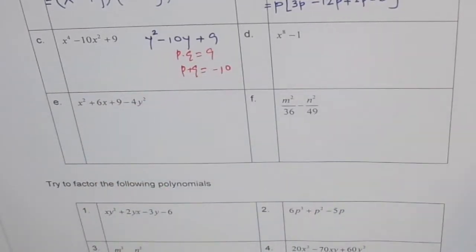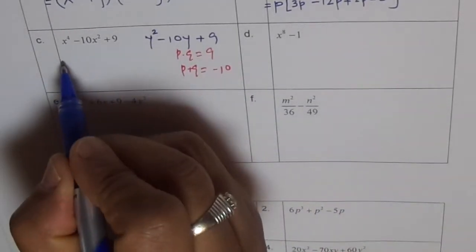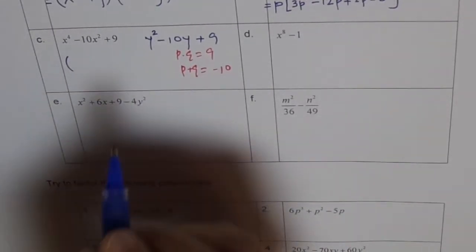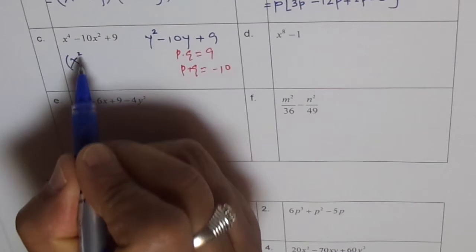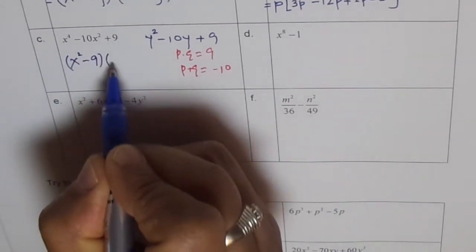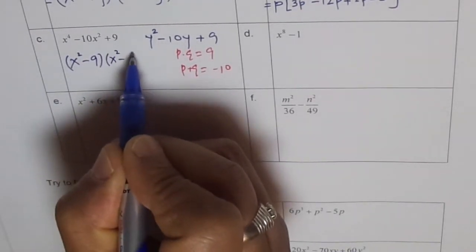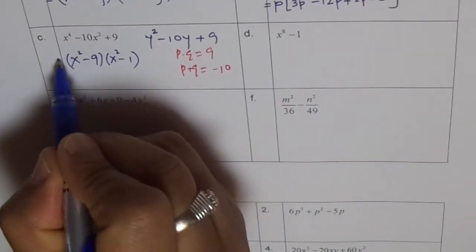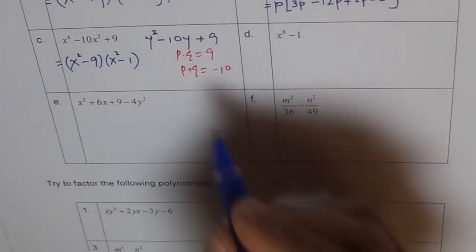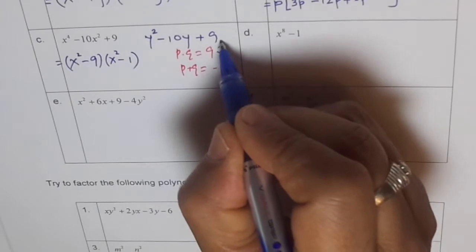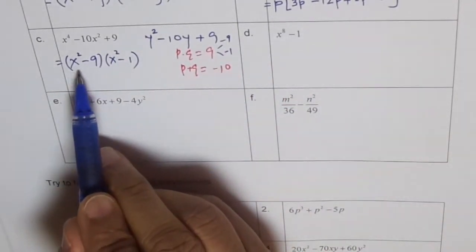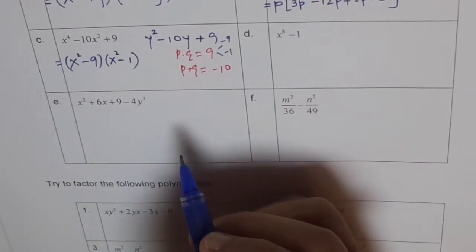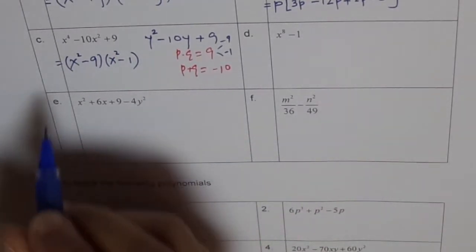So you can write this, but this time instead of writing y, we will write x square minus 9 times x square minus 1. So this is what we get with these two magic numbers, minus 9 and minus 1. But do you see, again you get difference of squares, so you can factor further, correct?